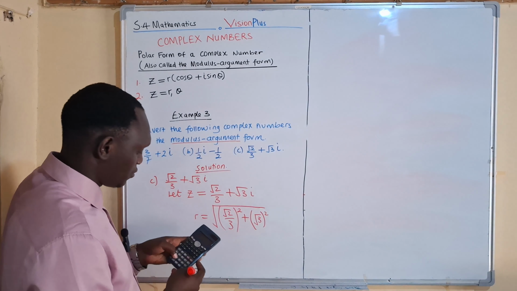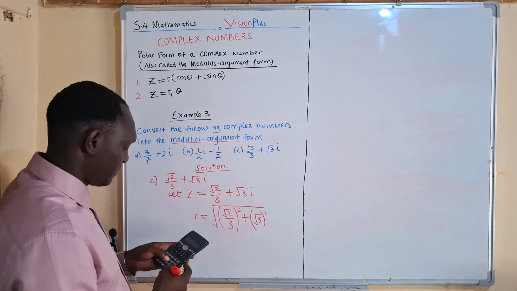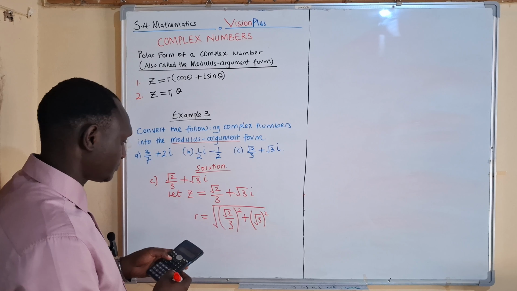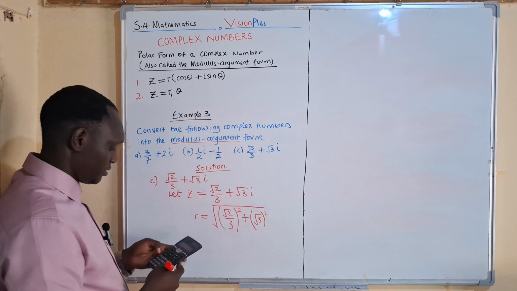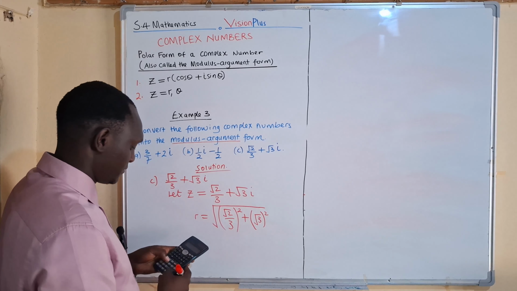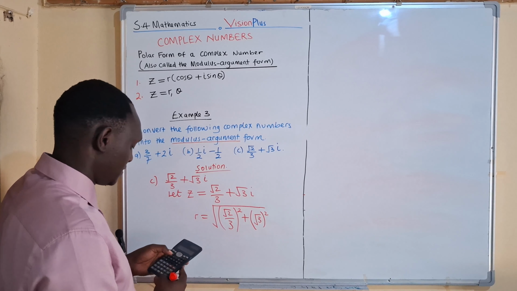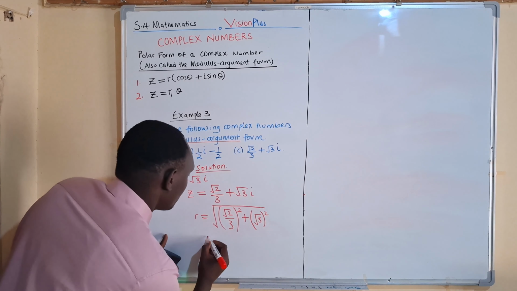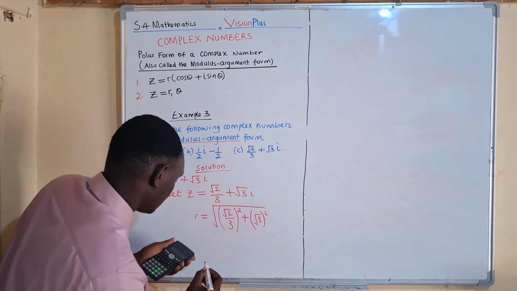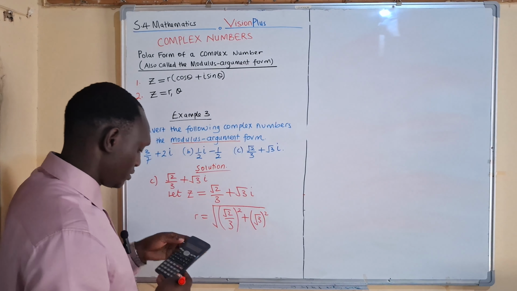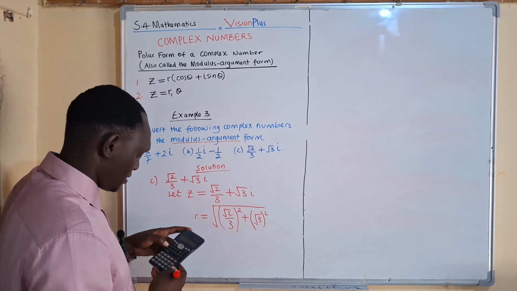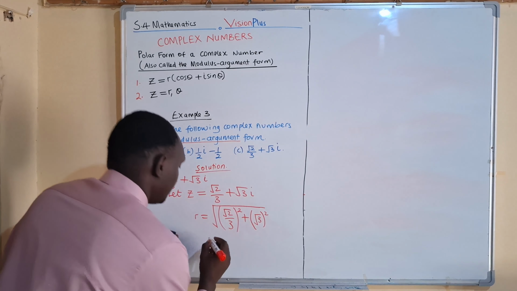You have root 2 divided by 3, squared. Root 2 divided by 3 squared, I'm getting 0.22222. That is like 2 out of 9.